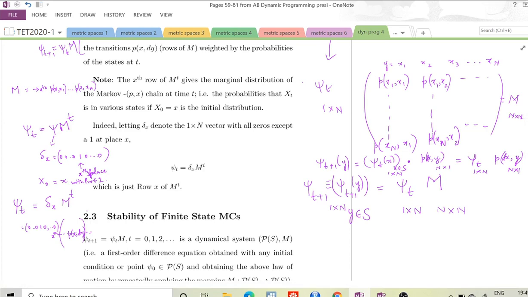The transition matrix m says, in the xth row, I have the probabilities of being in different states tomorrow, given that I am in state x today. m raised to the t has the interpretation that these are the probabilities of being in the different states t periods from now, given that I'm in the xth state today.